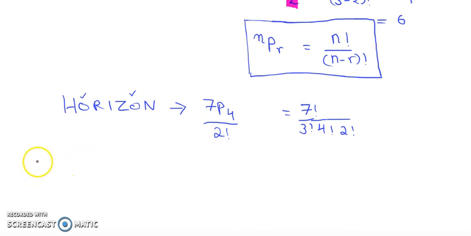Let's talk about combinations. How are combinations different from permutations? Well, if you use the same example as before, you'll learn what the difference is between a combination and a permutation.